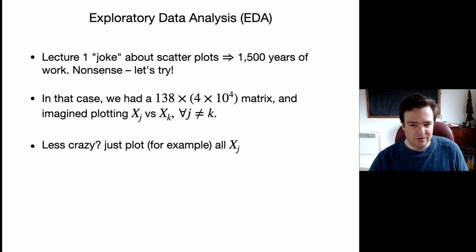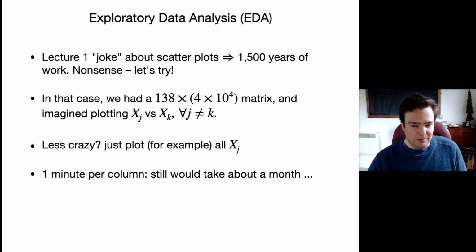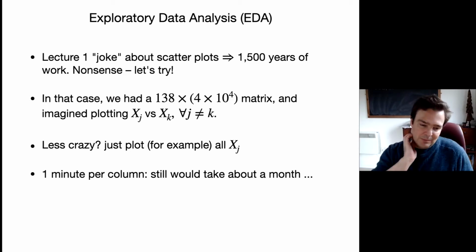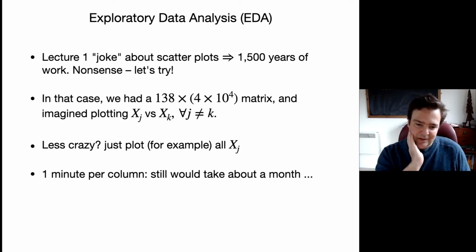So there are 40,000 columns, and one plot for each column. The horizontal axis is just an index, and the vertical axis is the values of the elements of the column. That's the idea. This could still in principle take a really horrid amount of time. If you really did spend a minute on every column for that data set, it would take about a month. So it's still not a particularly great idea if you have a big data set.